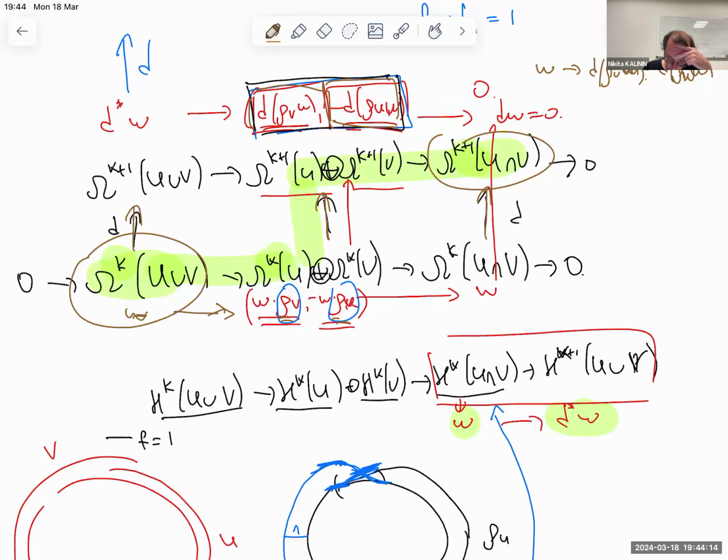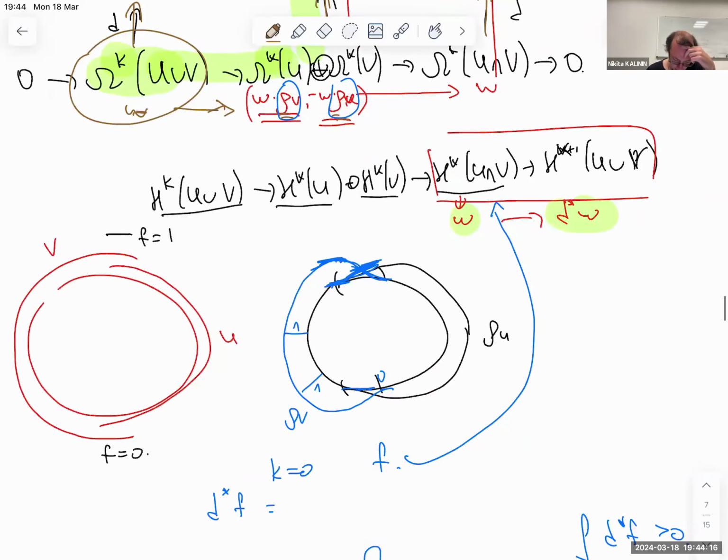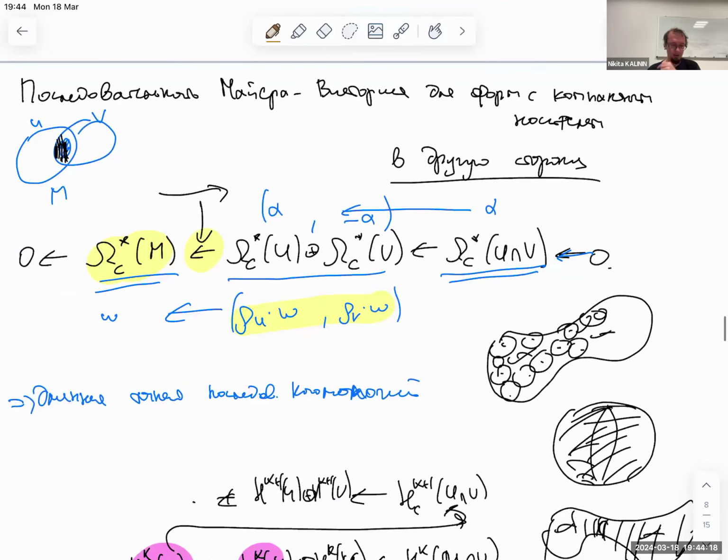And that's not what I wrote there, right? So okay, let's look at how I defined this sequence for forms with compact support. So here I have the form alpha, here I have 2 alpha minus alpha, and here I just multiply it by rho u, rho u.